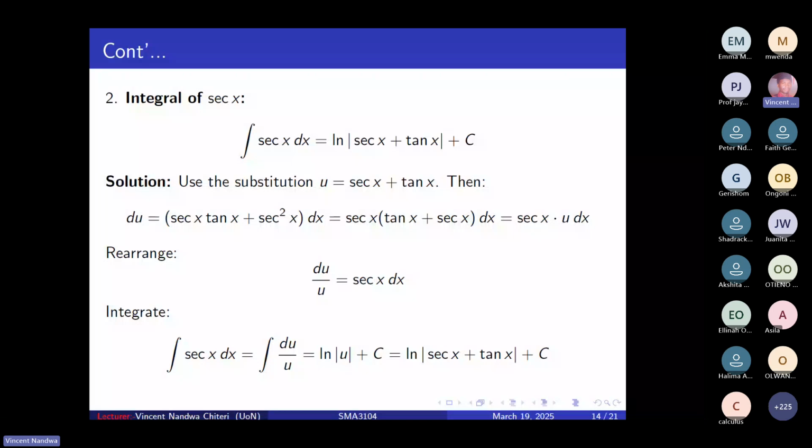Remember, we have the sec function times the fraction sec x plus tan x over sec x plus tan x. What will be the new numerator when you multiply through by sec x?